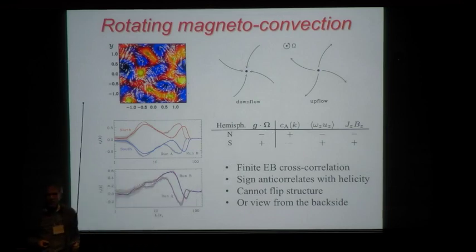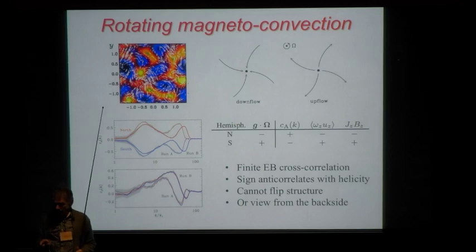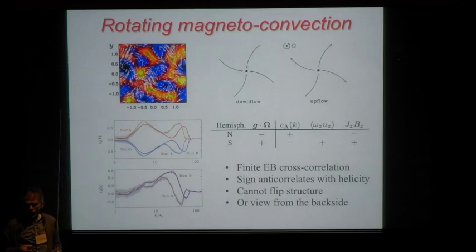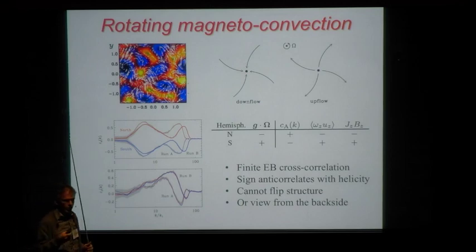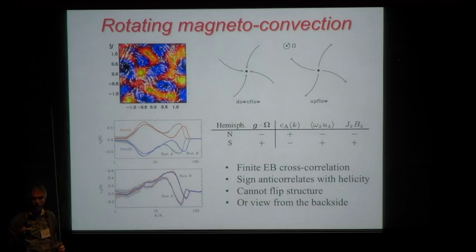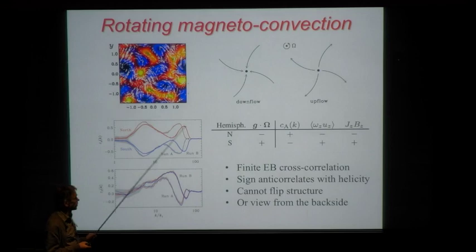So we now see EB cross polarization can actually be different from 0. However, not for isotropic homogeneous turbulence, but for anisotropic inhomogeneous turbulence, like, for example, in solar convection.